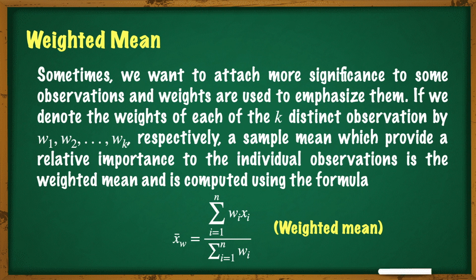If we denote the weights of each of the k distinct observations by W sub 1, W sub 2 to W sub k respectively, a sample mean which provides a relative importance to the individual observations is the weighted mean, and it is computed using the formula X bar W, which can be expressed as the sum of the product of the weights and the x values or the observations divided by the sum of their weights, or the sum of the W sub i, where i ranges from 1 to n.